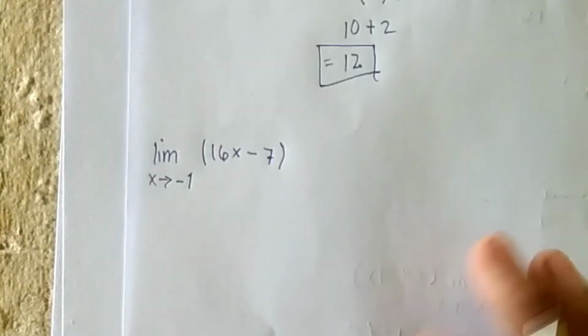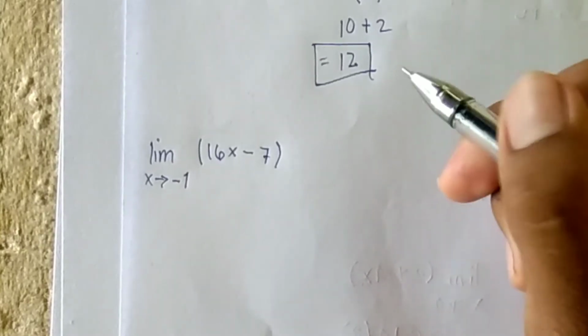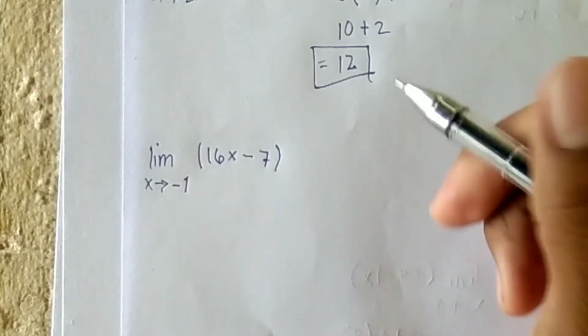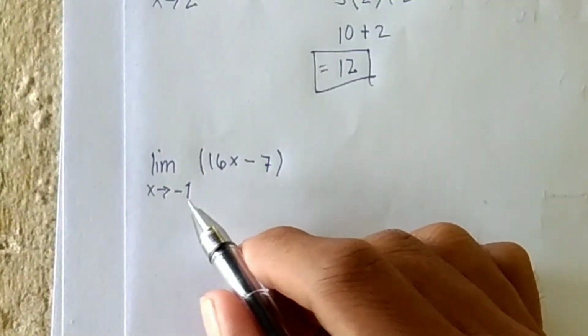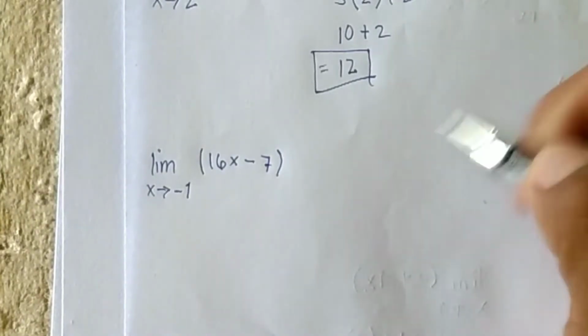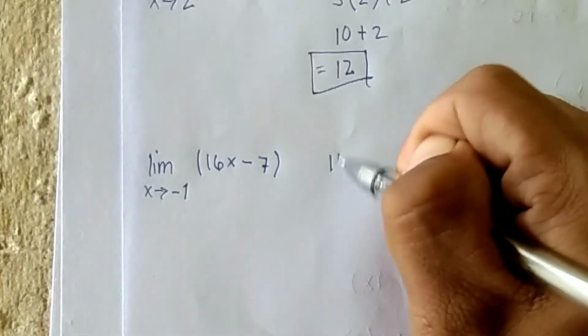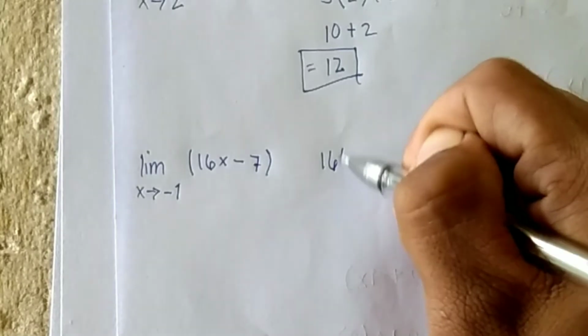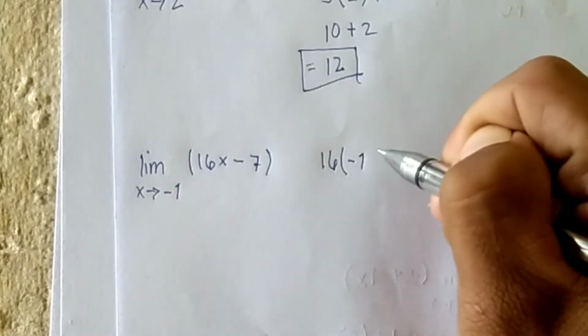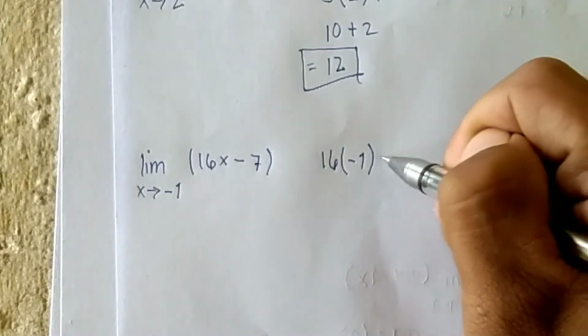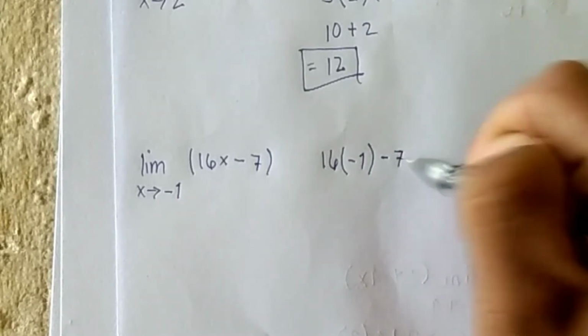So, simple lang yung gagawin natin. I-substitute natin ulit yung value ng x, which is yung negative 1 sa ating x. So, ganito yung gagawin natin. 16 times negative 1 minus 7.